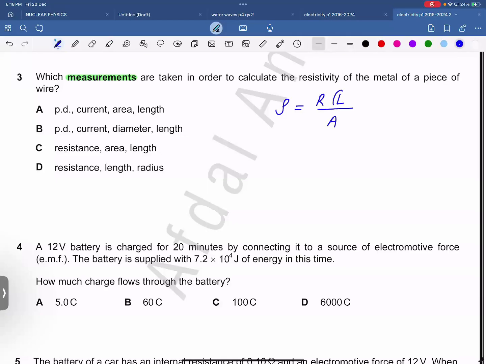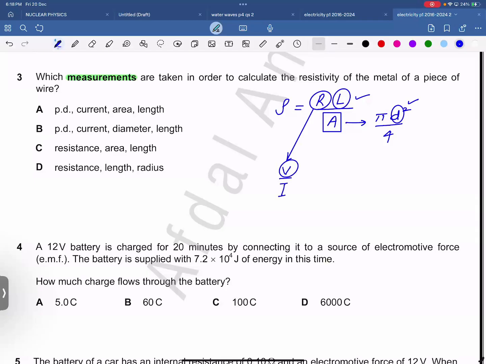Can you measure length directly? Yes. Can you measure area directly? No. So for area, you need pi d square over 4. So you need diameter. Can you measure resistance directly? No. To measure resistance, you need the voltmeter reading and current reading.